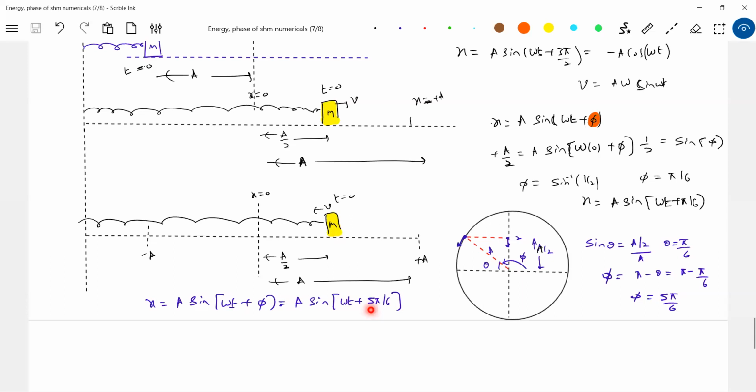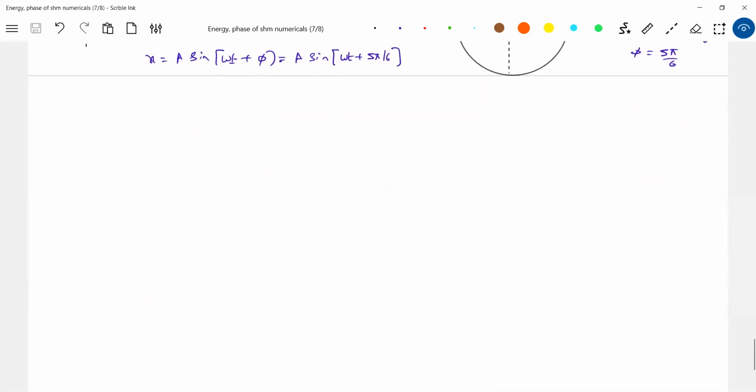I can do all mathematical operations now with this phase. Okay, all of you got the idea now? So what do you mean by sine or cos of omega t plus phi? What do you mean by phase? That is the basic idea. You should also know how to plot graphs. That's what I want students to learn. Let's take, I think, one more.